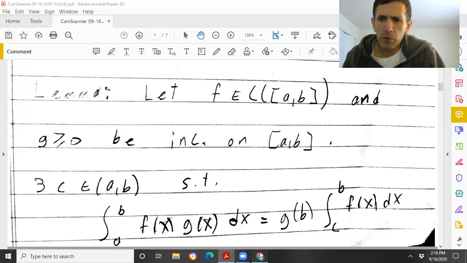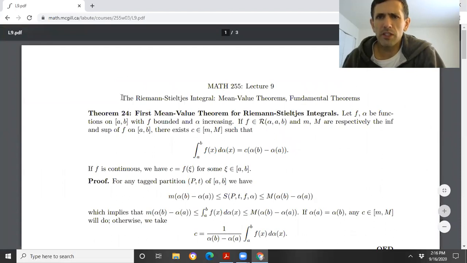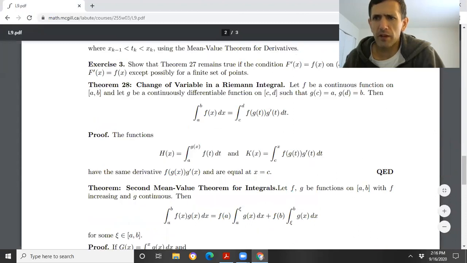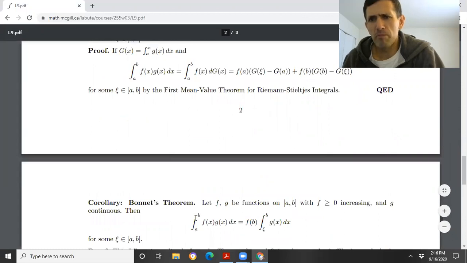And I will put up a link to a PDF where they use exactly the Riemann-Stieltjes integral to prove Bonnet's mean value theorem. Or they call it Bonnet's theorem.